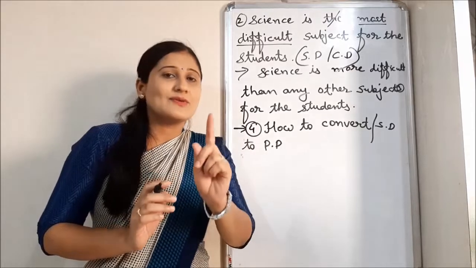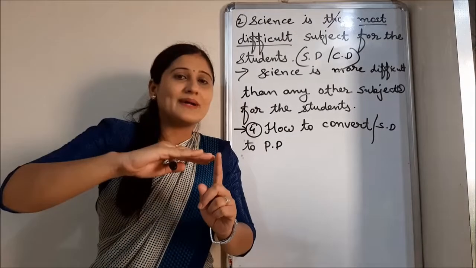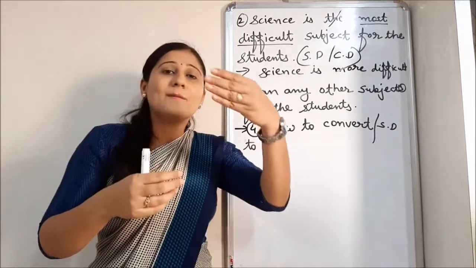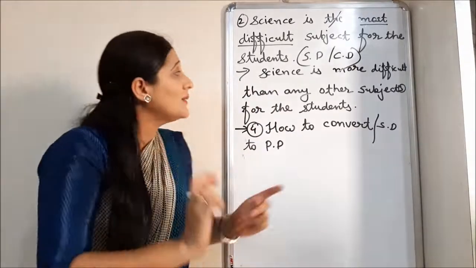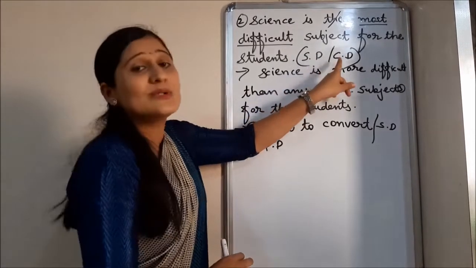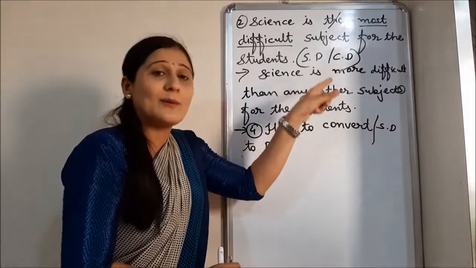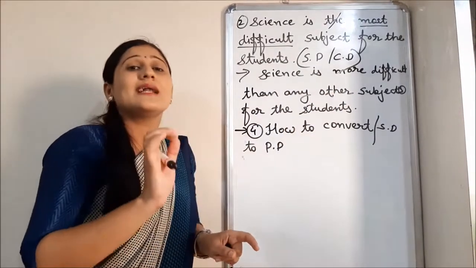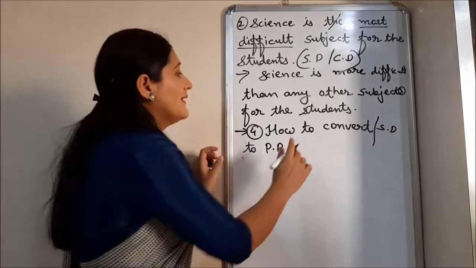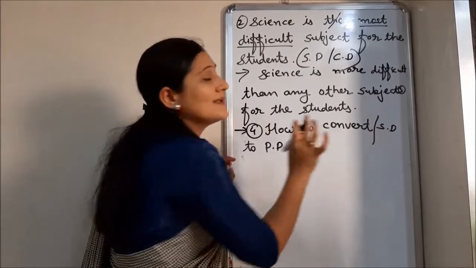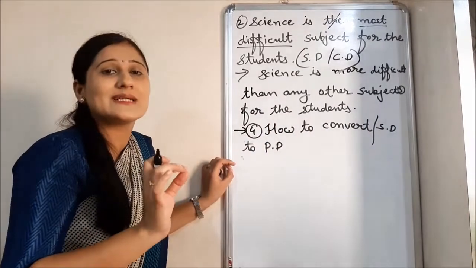Which 4 methods? First method, positive to comparative. Second method, comparative to positive. Third method, SD to CD, it means superlative to comparative. And the 4th last method is how to convert from superlative to positive.